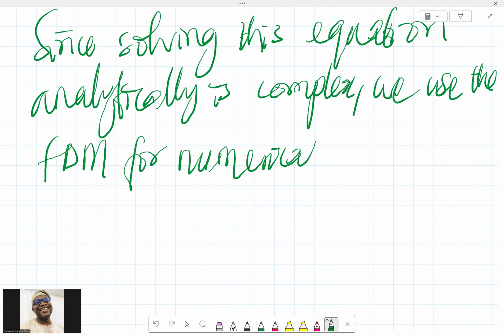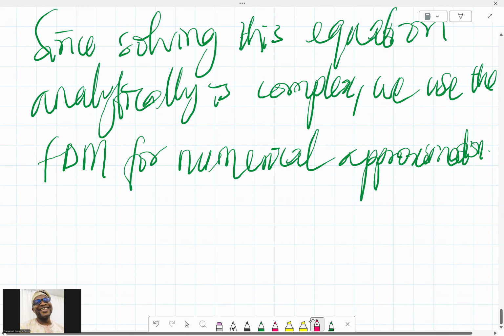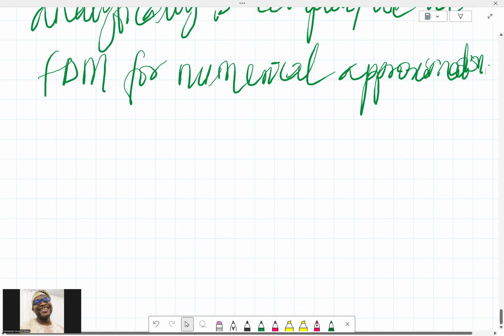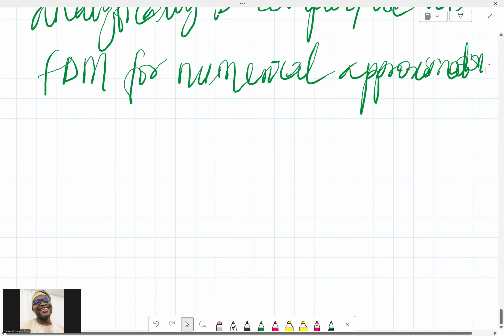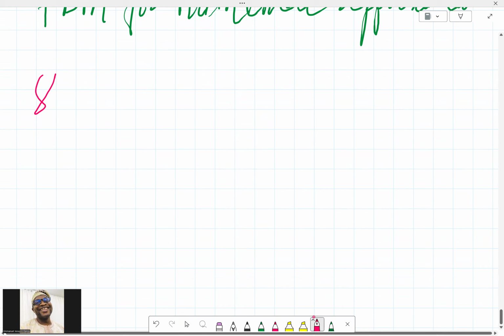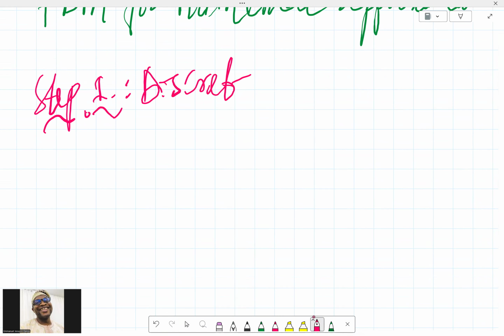We use numerical approaches when the problem is too difficult to solve, or when the problem does not even have an analytical solution in the first place. Okay, so let's go for step one. Like we said, step one is to discretize the domain.